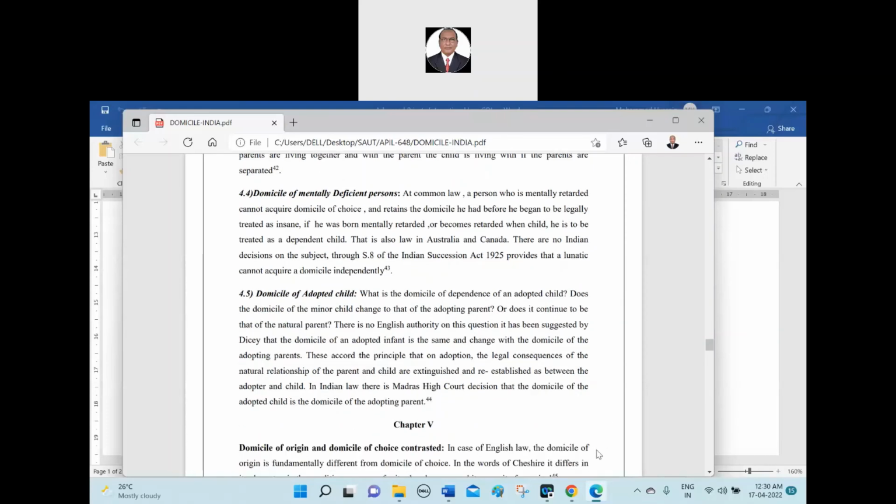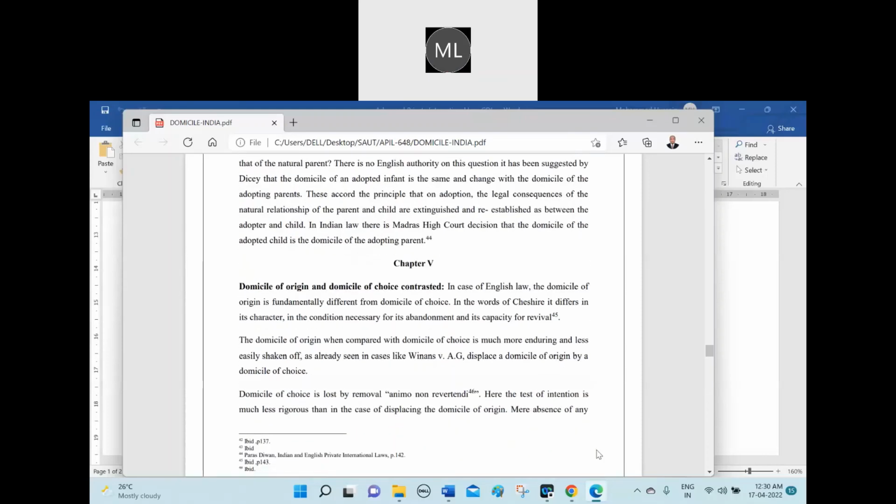It is clear. Yes. Now, domicile of origin and domicile of choice contrasted. How can it be? Domicile of origin is fundamentally different from the domicile of choice. In other words, Cheshire is one of the good writers in private international law. It differs in the character, in the conditions necessary for its abandonment and the capacity to revival.